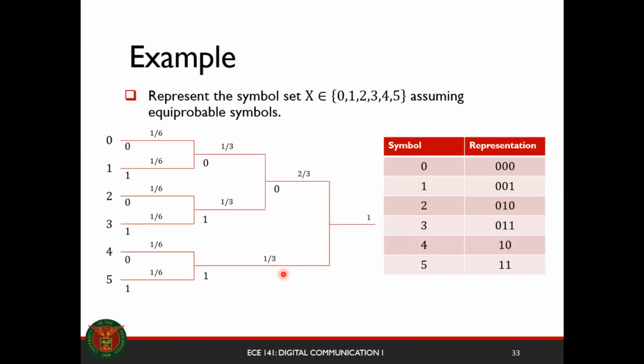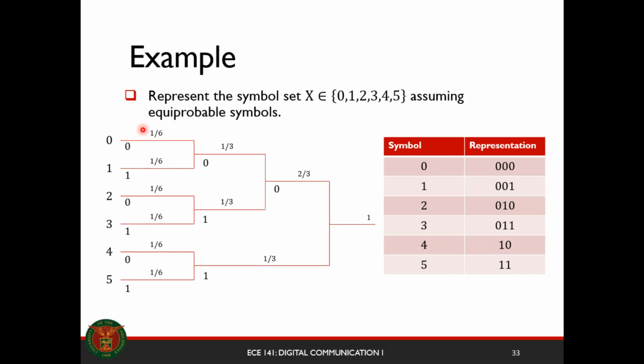For example, let's go back to the set from earlier, set X with 0 to 5, assuming equiprobable symbols. We start our tree at the bottom. We list down 0 to 5 right here and each of their probabilities, which is 1/6.